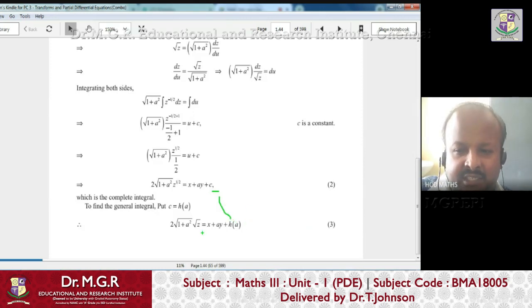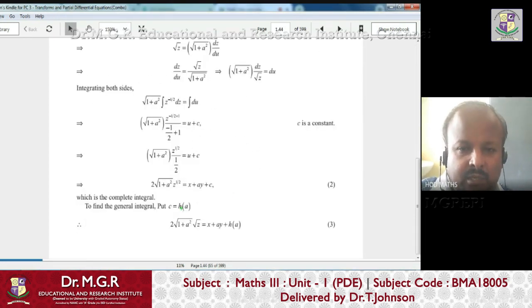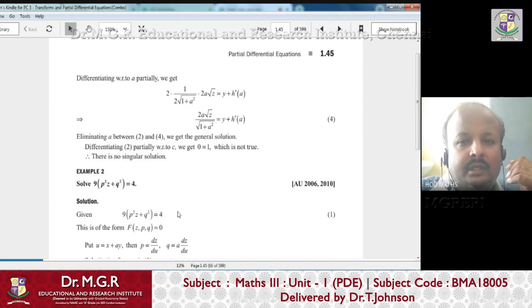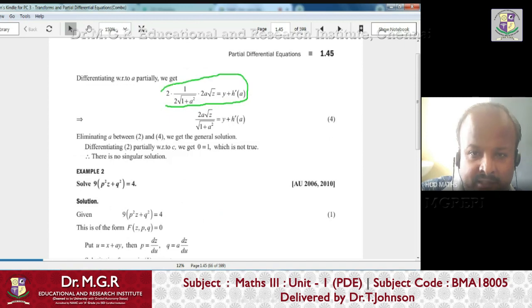Then differentiate this equation, equation number 3, with respect to a. Differentiating that function with respect to a, you will get this, right?